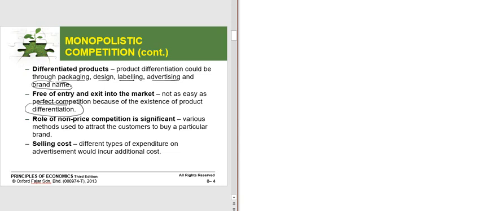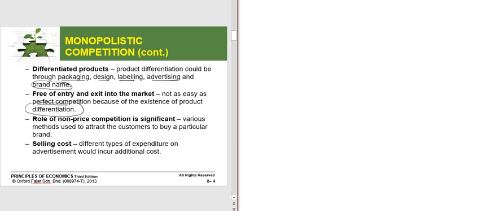In order to enter the market, if the product you want to sell already exists or is already sold by other sellers, you need to make sure that when you enter the market, your product is different from the other products.